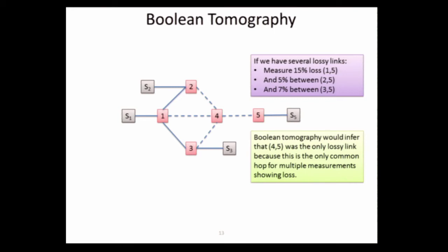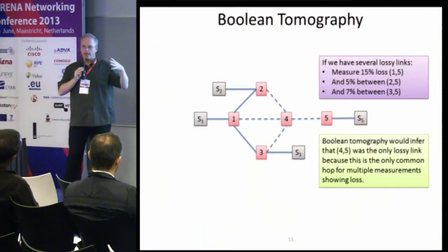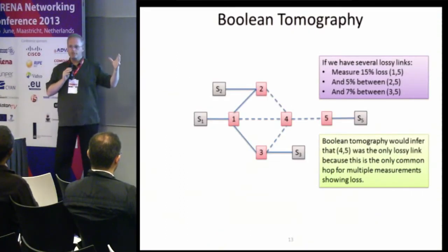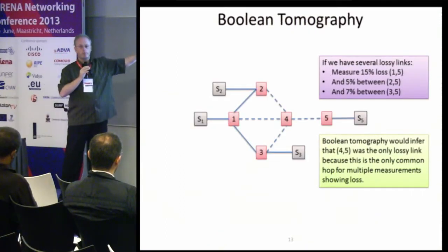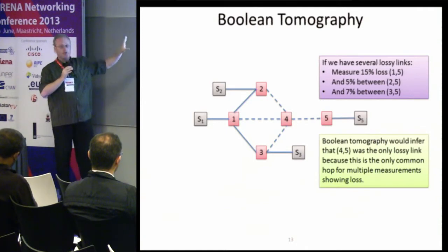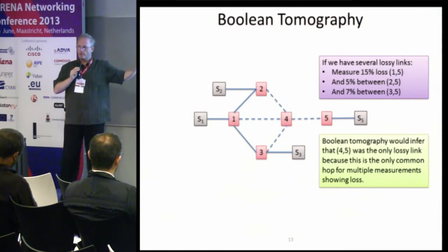Well, Boolean tomography would tell me that the problem is between 4 and 5, because that's the only common hop where I'm seeing all these problems. And again, Occam's razor kind of thing, I would suggest, that's where I'd be focusing my time. But it's not impossible that that's not where the problem is.